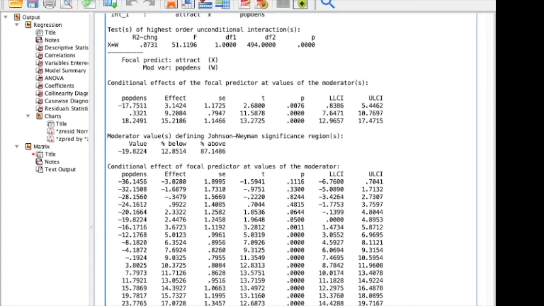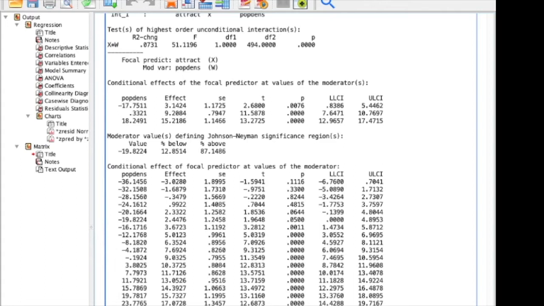And then at high levels of population density, 18 units above the mean, we see 15. The relationship increased to 15. So for every 1 unit increase in attractiveness, there's now a 15 unit increase in the number of souls harvested.